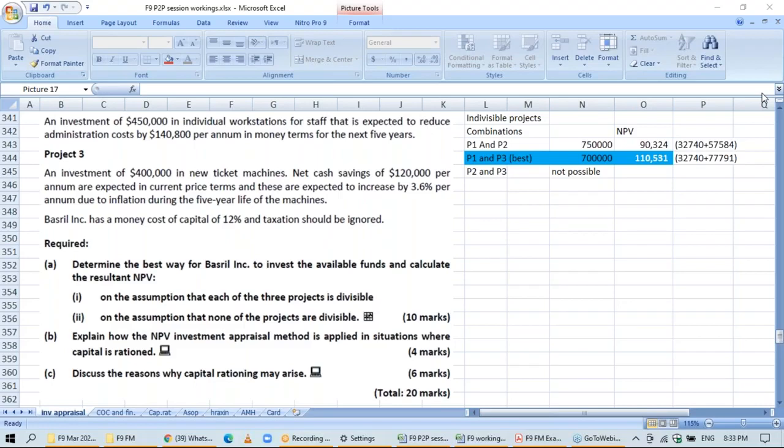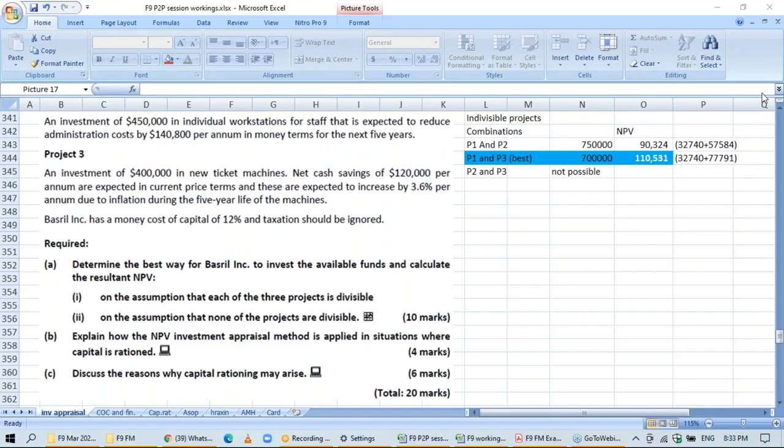In case of a divisible project, we use the profitability index method. We calculate the net present value per dollar of a project, and the project with the highest net present value per dollar is selected first, then second, third, and fourth. Likewise, we continue investing according to the rank which is given the priorities.